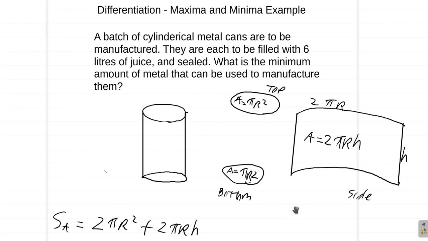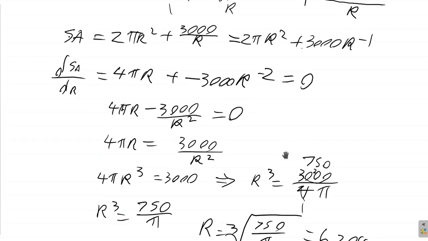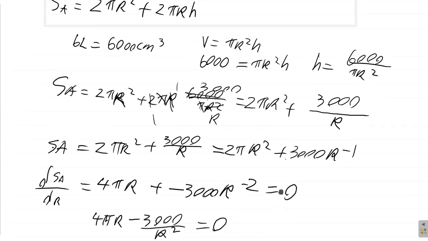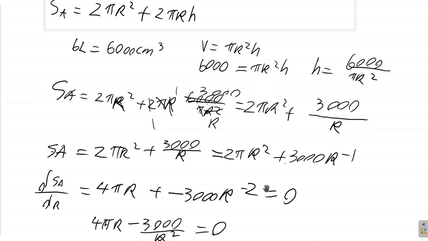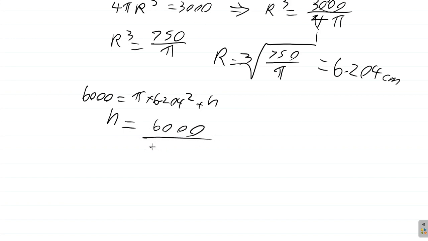Now that we have the radius, we want the height. So 6000 is pi r squared h. So 6000 is equal to, we can find the height now, pi times 6.204 squared times height. So therefore height is equal to 6000 over pi times 6.204 squared.